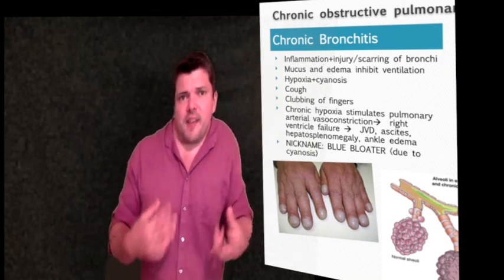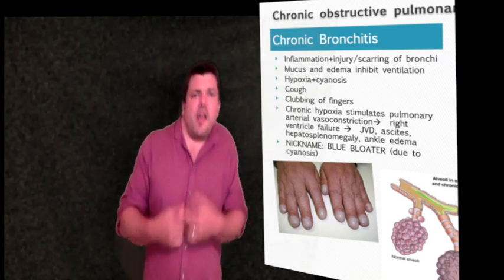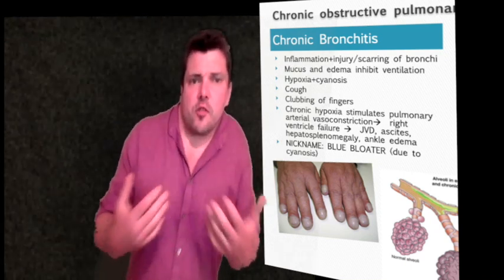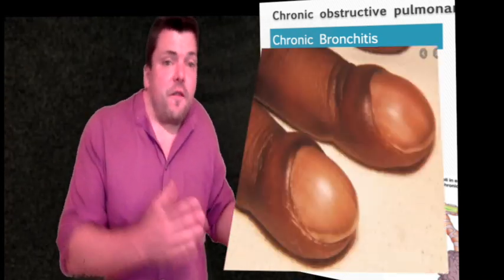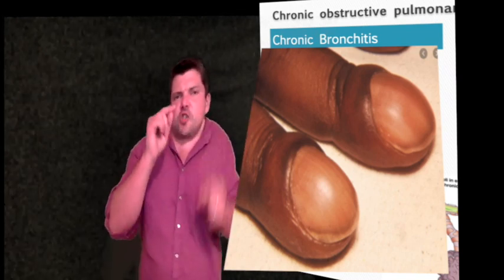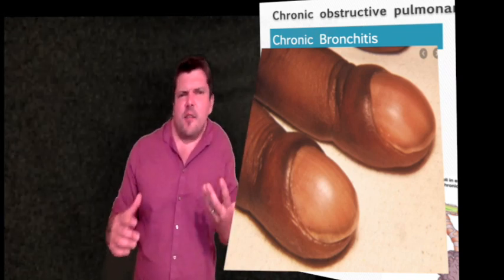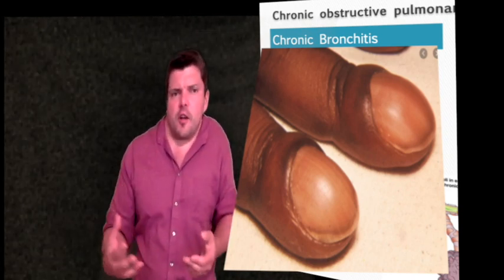This obstructive process eventually leads to gas exchange problems as well, clinical manifestations such as cough, clinical manifestations such as clubbing of fingers. Now, you might wonder, why on earth would nail beds change in somebody that has an obstructive pulmonary disorder such as chronic bronchitis?